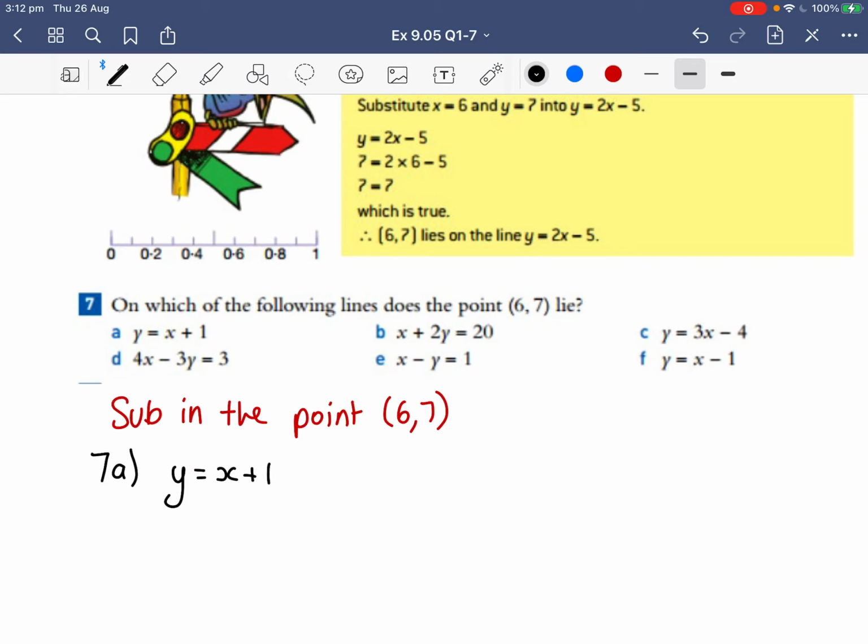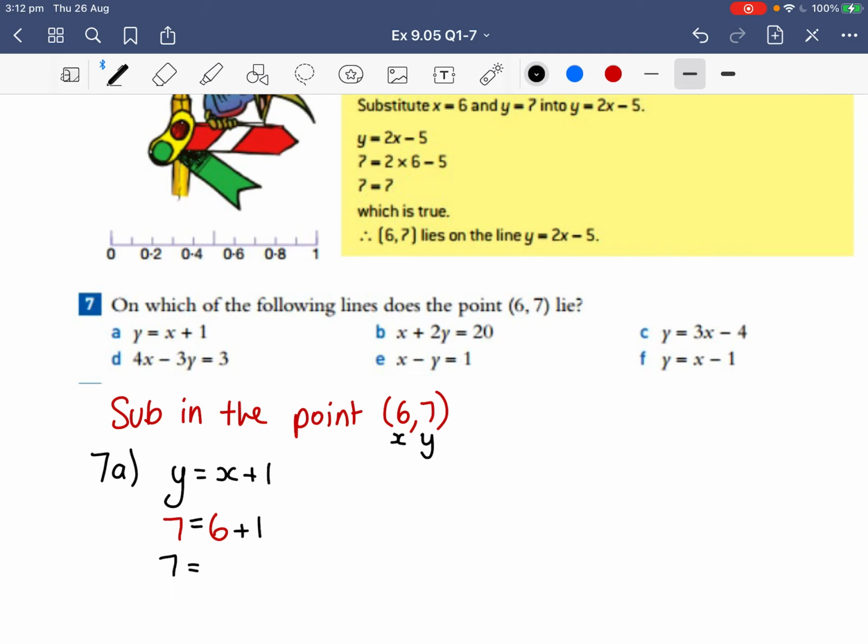So for 7a, we have the equation y equals x plus 1. And then over here, we have our point 6, 7, where our 6 is our x value and our 7 is our y value. So where I have a y in my equation, I'm going to put a 7 equals. Where I have my x, I'm going to put a 6, and then I just have my plus 1.